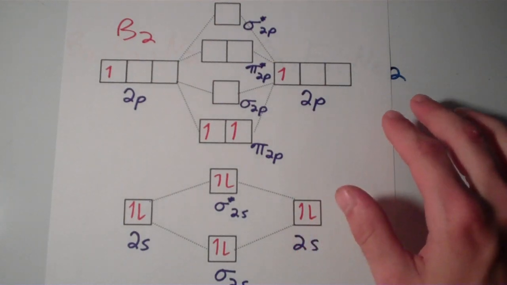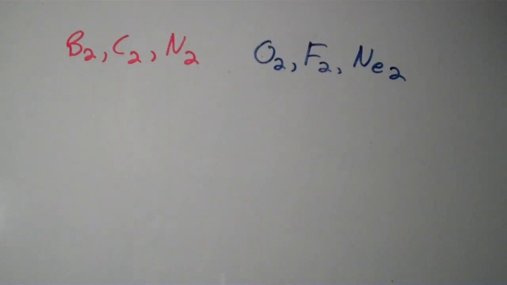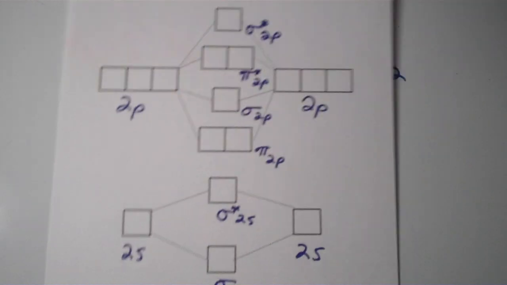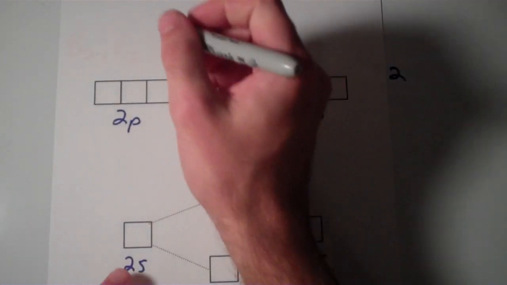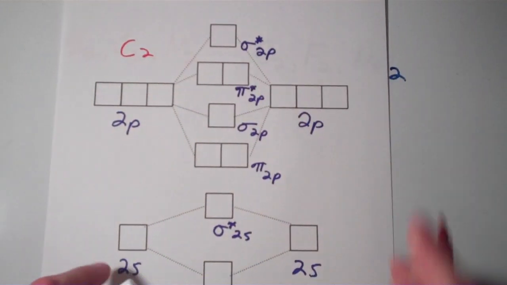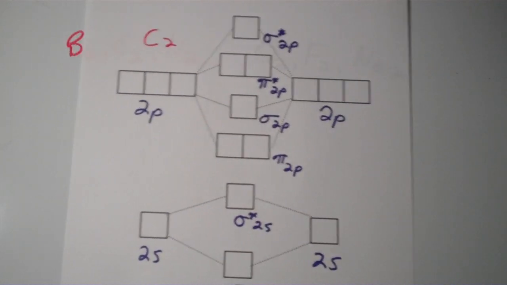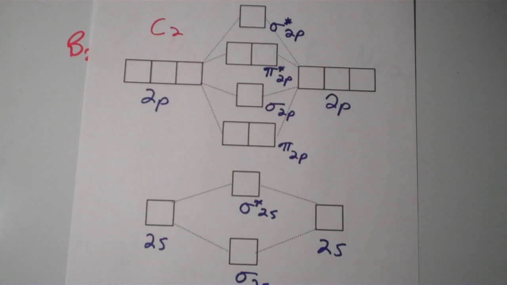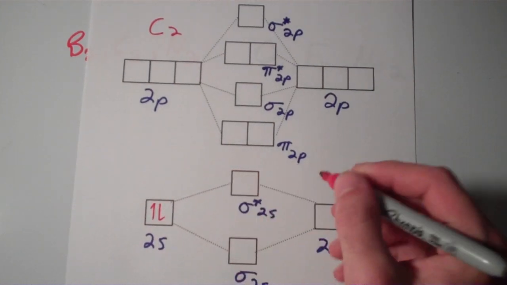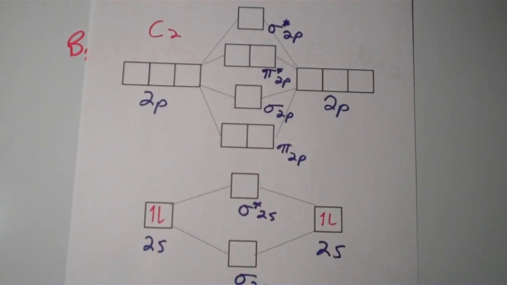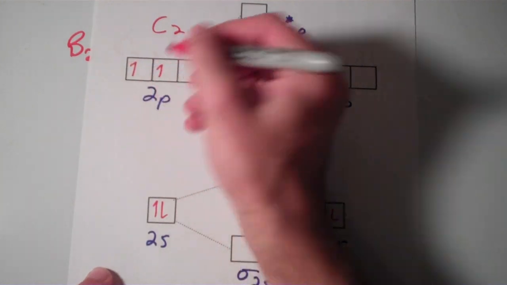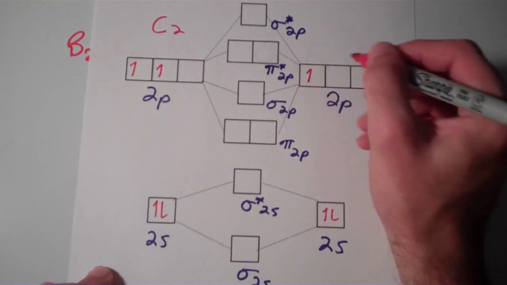So there's B2. Let's try a different one. Let's try C2. So if each of the things on the outside is a carbon atom, then the 2s orbitals are going to be filled. And then the carbon has 4 valence electrons, so it's going to look something like this.